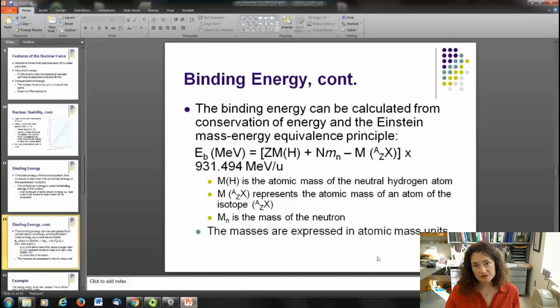And remember that if you do the E is equal to mc squared conversion from atomic mass units over into energy, then the conversion constant here is 931.494 MeV per atomic mass unit.